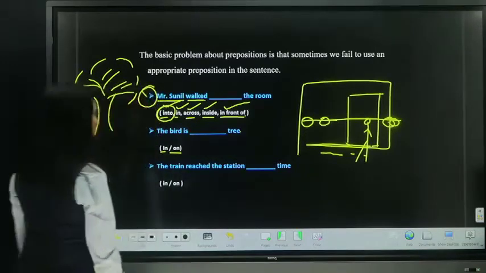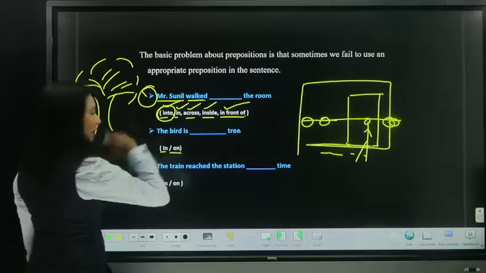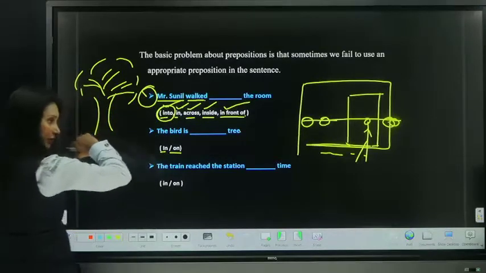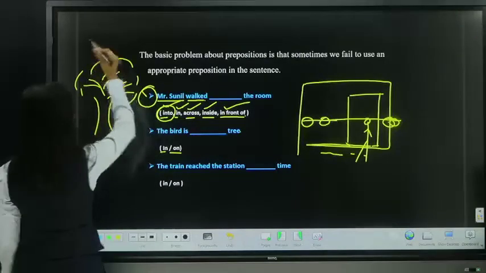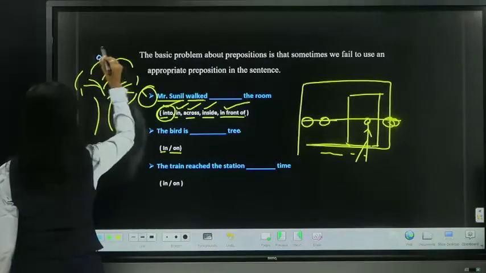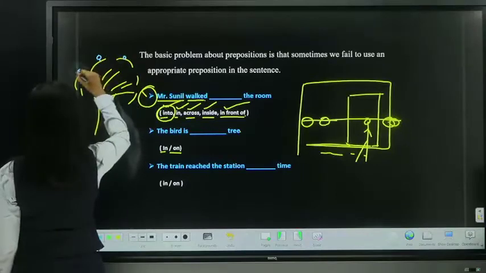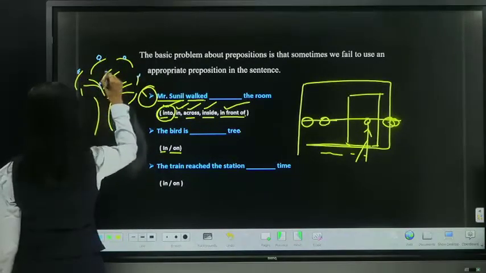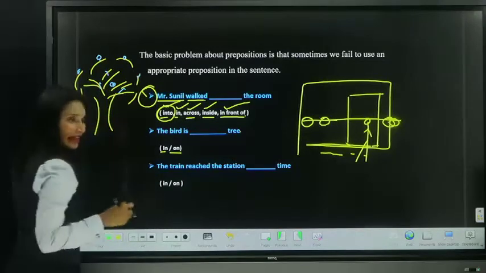See, I told you the bird is dash tree. On the tree, okay, Swapna says on again, okay, but why? So on the tree means only here. The bird lives on the tree only. Can't it live here? Can't it be here, here, or here? Yes or no?